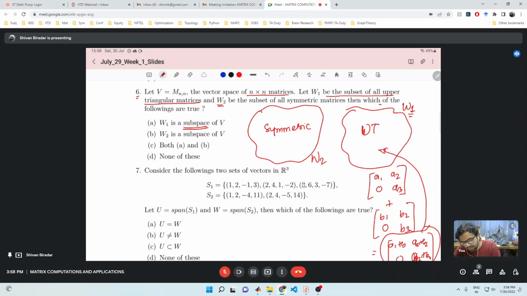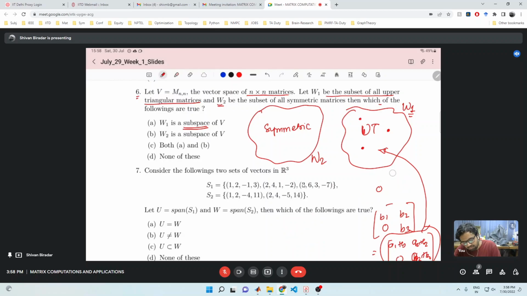If you add any two upper triangular matrices here, you will get another upper triangular matrix in the same set W1. Okay. So we have to check another property. Let us say that I multiply this with a scalar gamma. So I'll get gamma A1, gamma A2, 0, gamma A3. Again, I am getting an upper triangular matrix in the same subset W1.